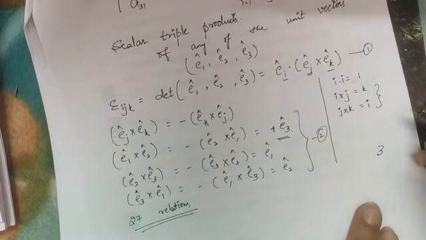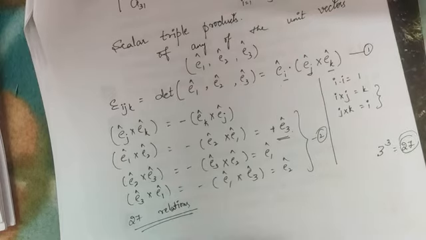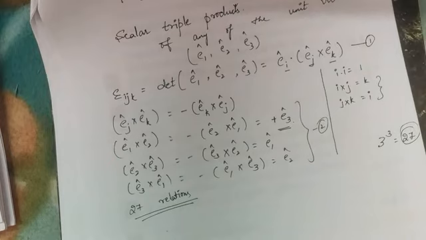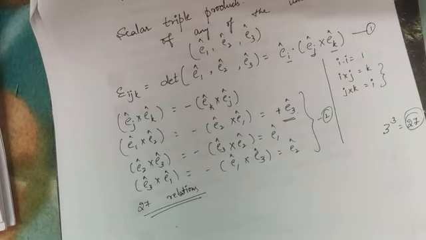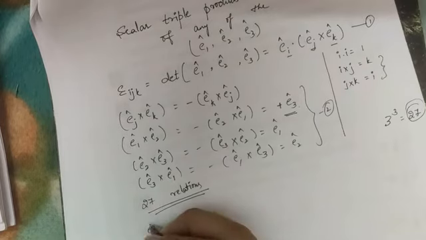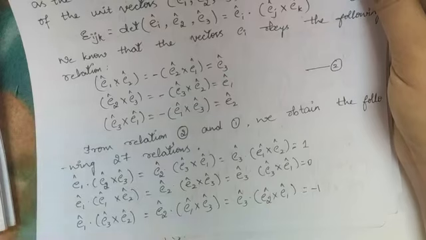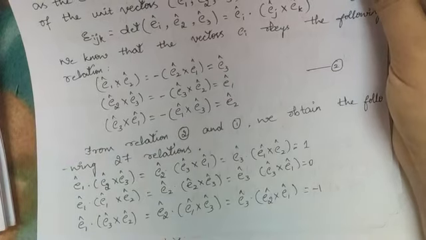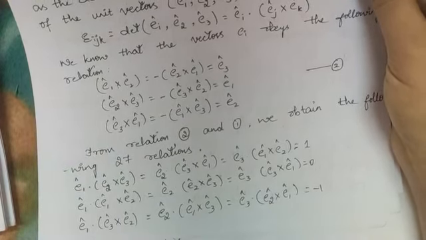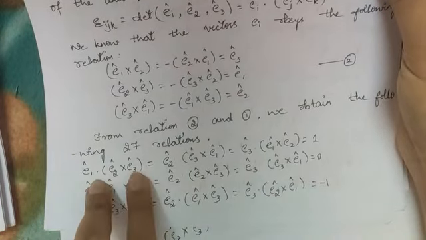So possibility is 3, 3 cubed becomes 27. So you will get 27 relations. Right? So you can write all the relations. You can go through your notes. I have written all 27 relations, in which you can observe here e1, e2, e3.